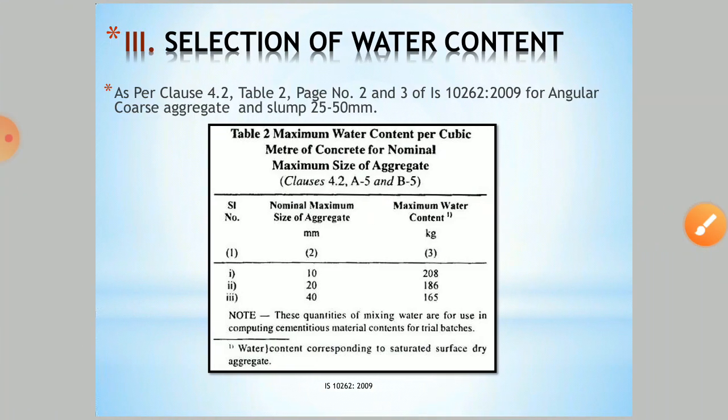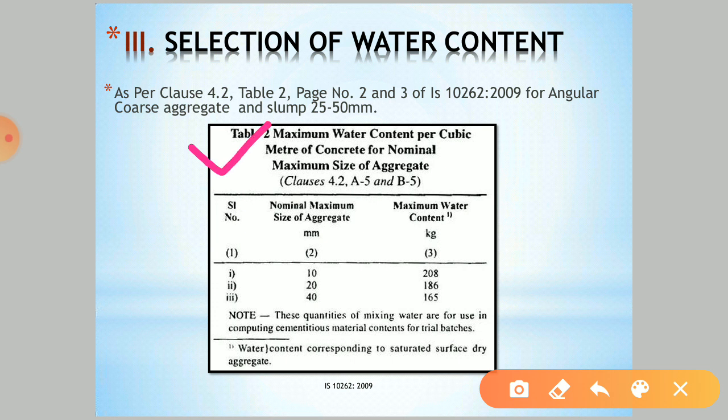After selecting water cement ratio, the next step is selection of water content. Now water content depends upon many factors. We will see one by one. So in this slide, as per clause 4.2, Table 2, page number 2 and 3, IS 10262-2009, for angular coarse aggregate and slump value of design mix 25 to 50 mm, we can use this Table 2.